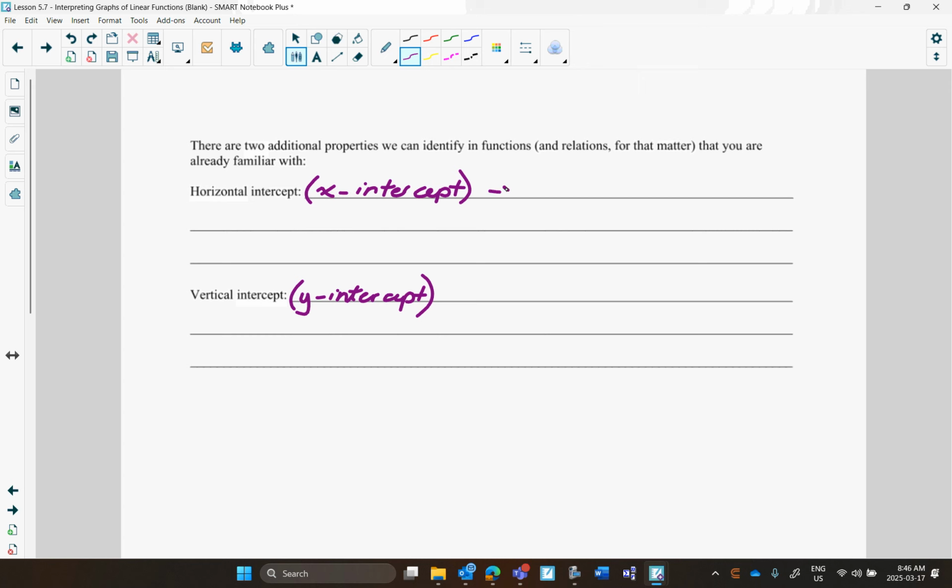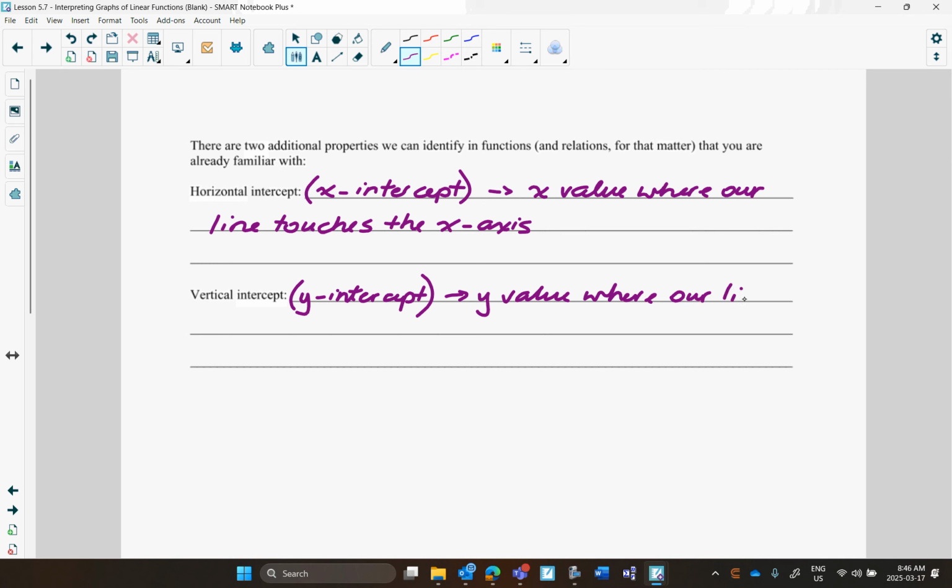And what does it represent? It's the x value where our line touches the x-axis. And this would be the y value where our line touches the y-axis.